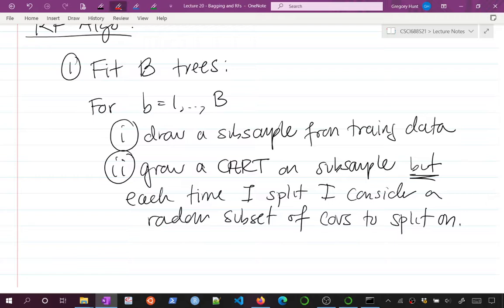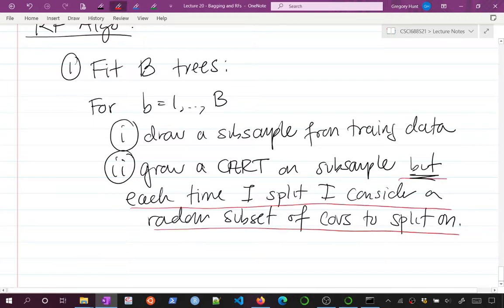So this is why it's called random, because normally for a classification tree or regression tree, at each split I can consider all possible variables. But a random forest is not going to allow us to consider all possible variables each split. It's going to randomly choose a selection of variables and say, okay, only choose those. And so it's going to build a random CART. So it's basically bagged random CARTs.